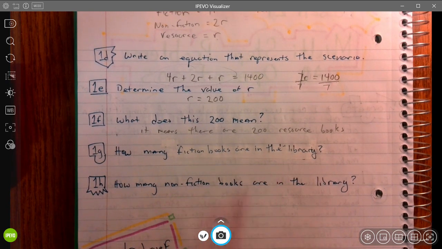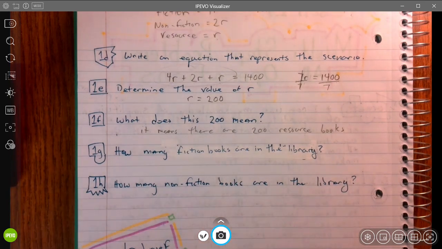How many fiction books are in the library? Okay, well, let's take a look.